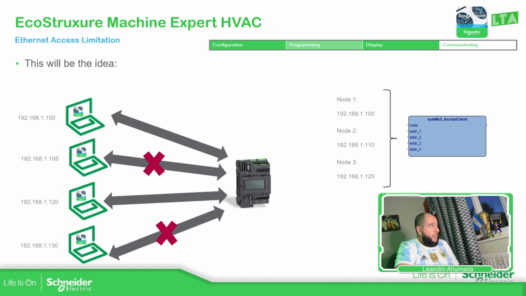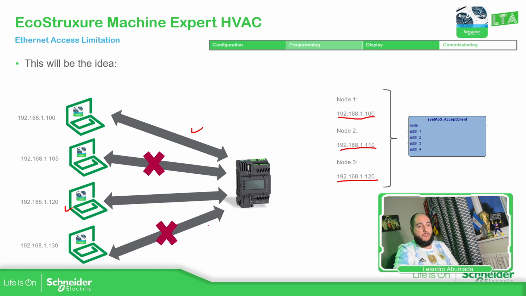So this will be the idea. I have node 1 with this IP address, node 2 with this one, and node 3 with this one. It means that the connection to this controller is fine. The connection with the 120 is going to be fine, but the connection for the 105 is not possible, and the 130 is not possible.